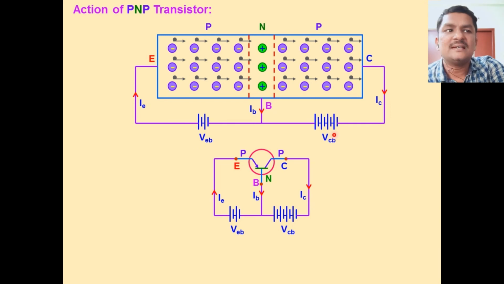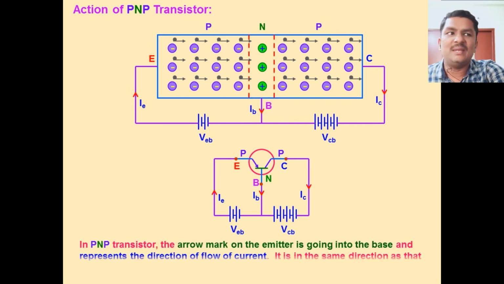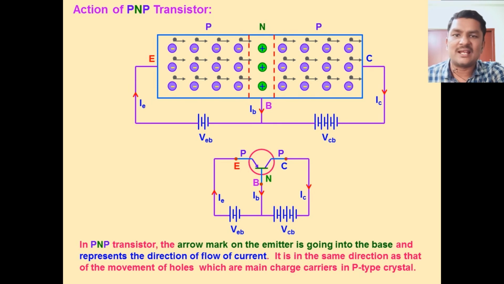This is the voltage across emitter and base, VEB, and this is the voltage across collector and base. IE, IB, IC represent the emitter current, base current and collector current in the case of the PNP transistor, and IE is towards the emitter and IB towards the negative terminal of VEB.